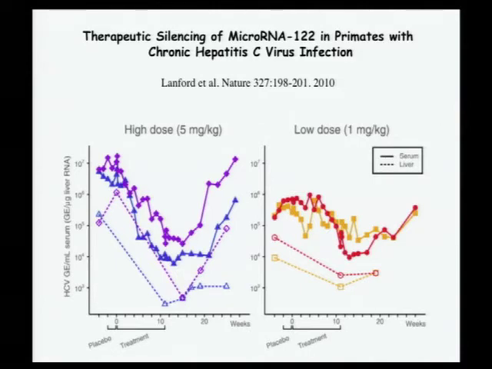So this happens right here, week 17, the LNA is out of the system, and HCV comes back. I was absolutely convinced these were all revertant viruses with a mutation in the binding site for 122 that simply grab another microRNA. But these guys did deep sequencing and found not a single mutation in any of these viruses. So this is very promising.